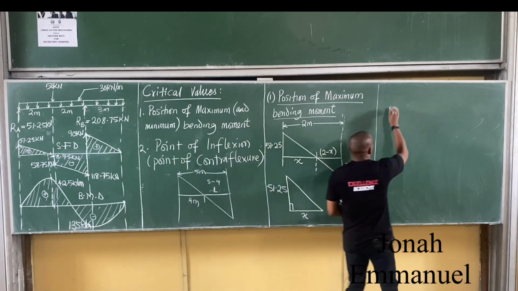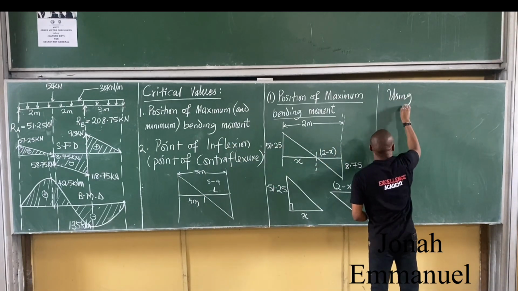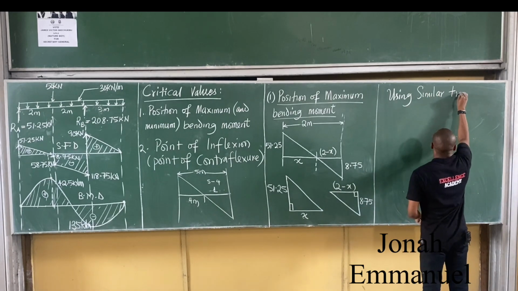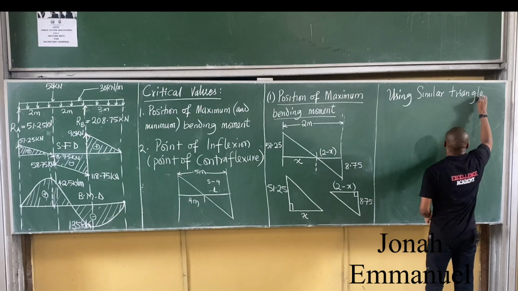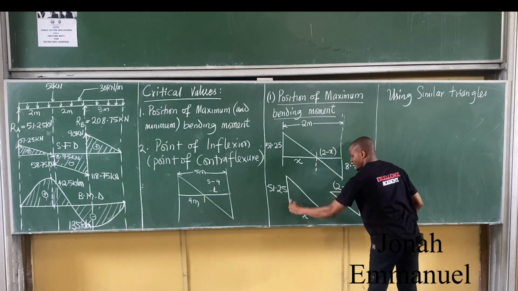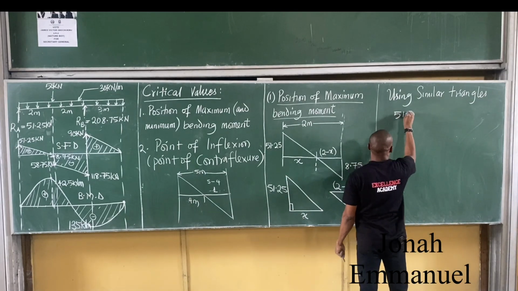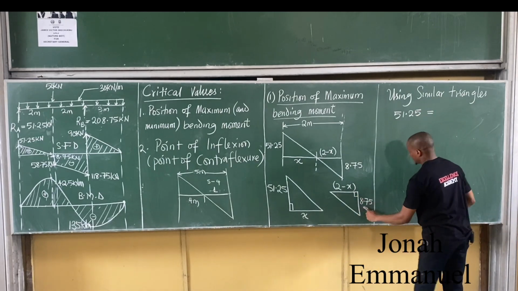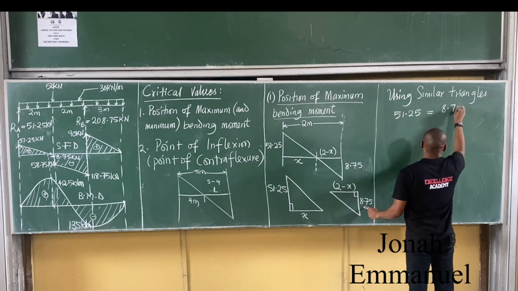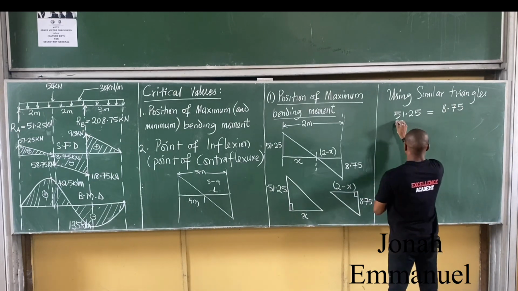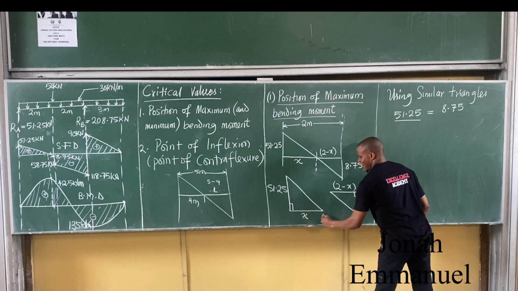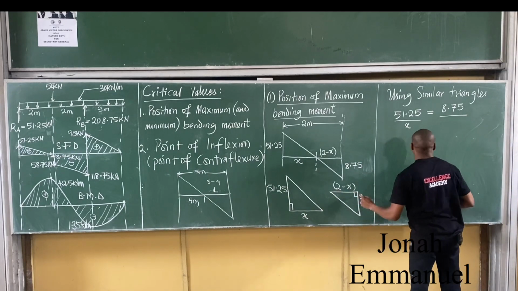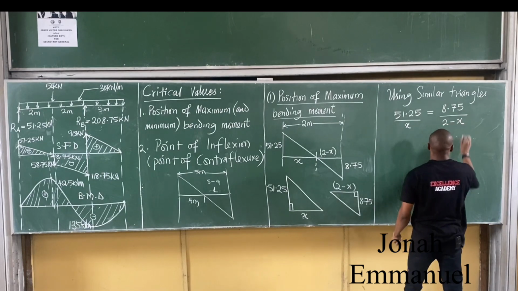So I will say, using similar triangles, the vertical height here, 51.25, should be equal to the vertical height here, 8.75, all over the horizontal height here, x, which should be equal to the horizontal height here, 2 minus x.